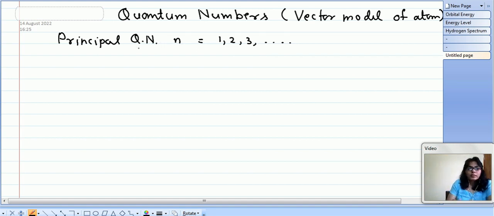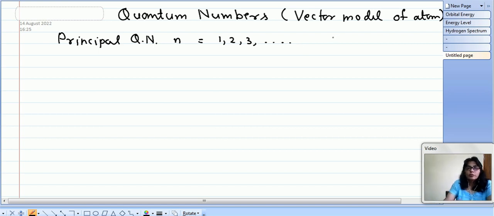Quanta means a packet or a discrete value. Principal quantum number can take only certain values, that is 1, then 2, then 3. It cannot take any value between 1 and 2 or between 2 and 3. It cannot have value 1.01 or 1.5. It has only certain discrete integer values 1, 2, 3, 4, 5, 6. Therefore, these numbers are termed as quantum numbers.